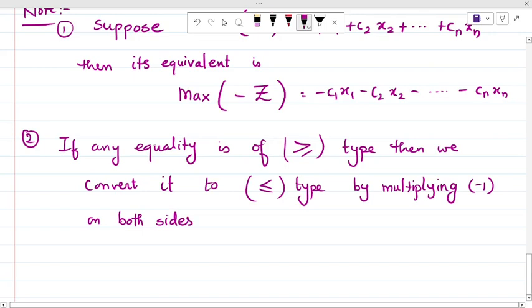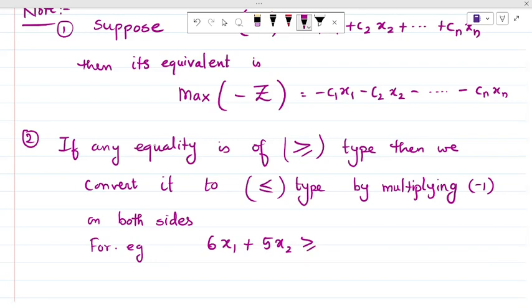For example, if we are given 6x1 plus 5x2 greater equal 10, and the question is of maximization type, then we will convert it to minus 6x1 minus 5x2 less equal minus 10. This is how it will become.